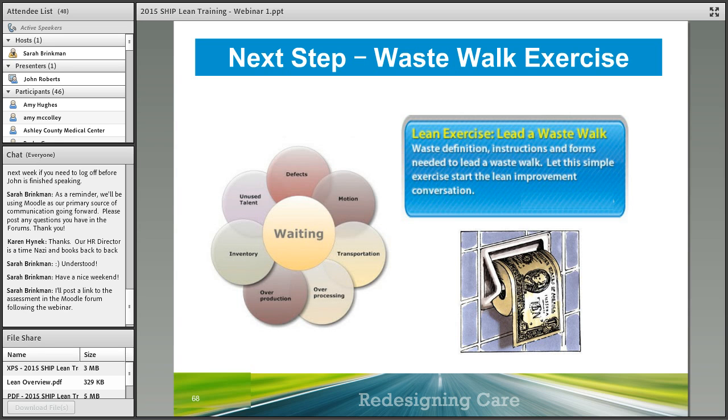How do they describe and determine what is valuable to them? Two, how do we eliminate waste in the system? How do we drive out and reduce those 8 areas of waste? And then finally, how do we continuously improve on what we're doing? How do we look at measuring and sustaining what we're doing over time and really engaging our culture to be problem solvers on a continuous basis?